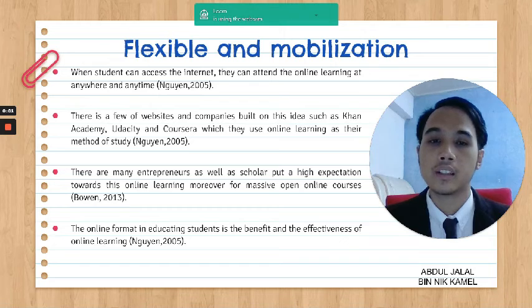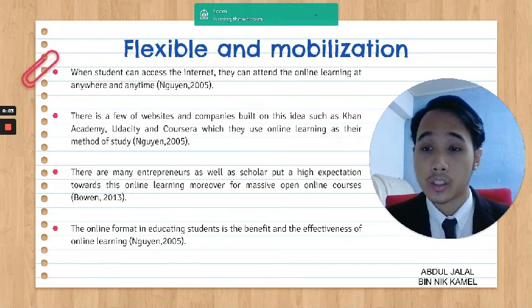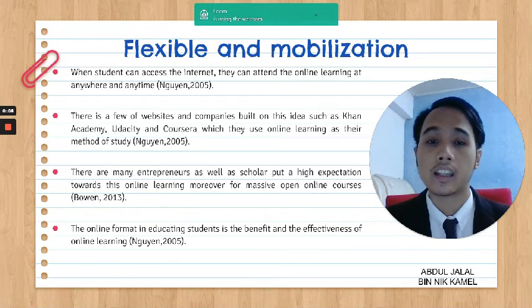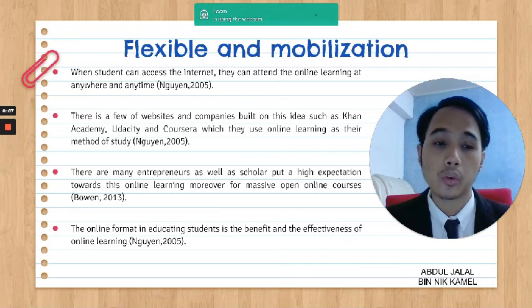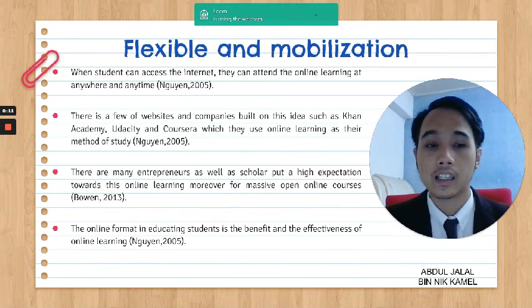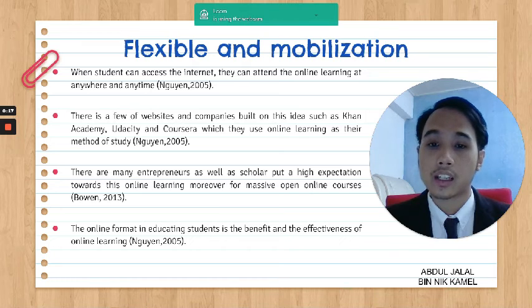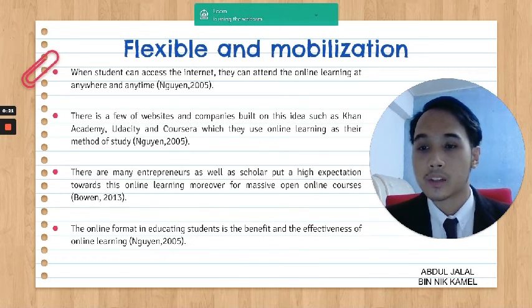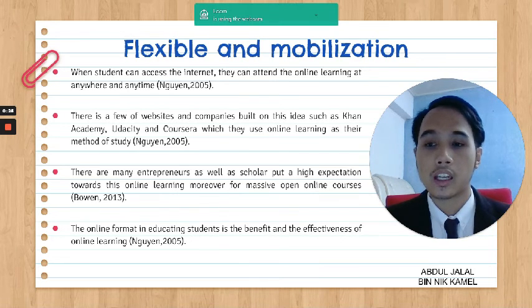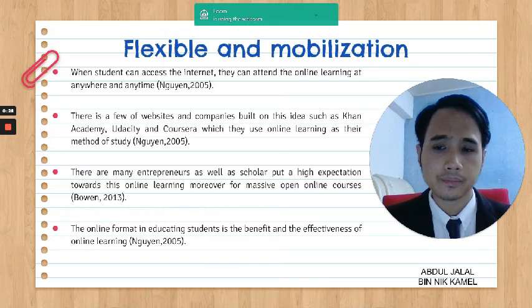Next, flexibility and mobility. When students can access the internet, they can attend online learning anywhere and anytime. For example, we can learn with our friends in McDonald's or Starbucks. There are a few websites and companies built on this idea, such as Khan Academy, Udacity and Coursera, which use online learning as their method of study.